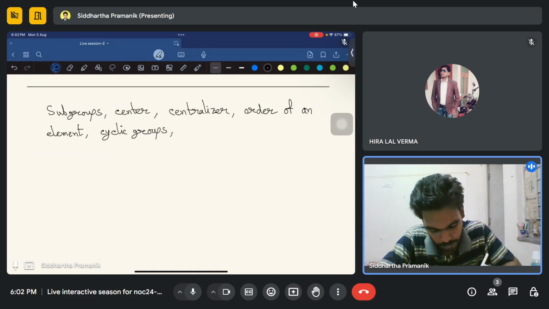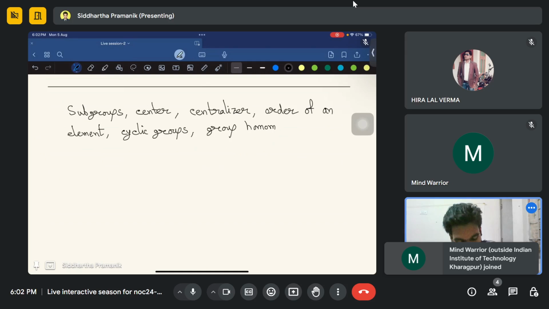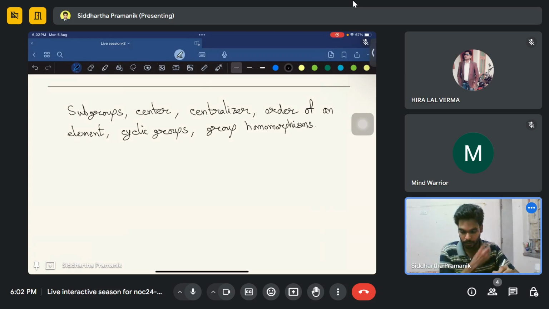And then group homomorphisms. Okay, so I will start by solving some problems from the topic subgroups.